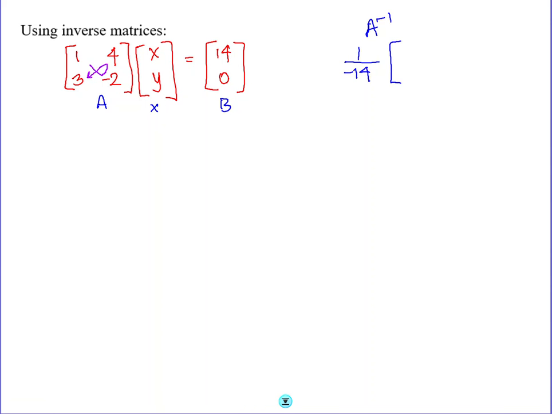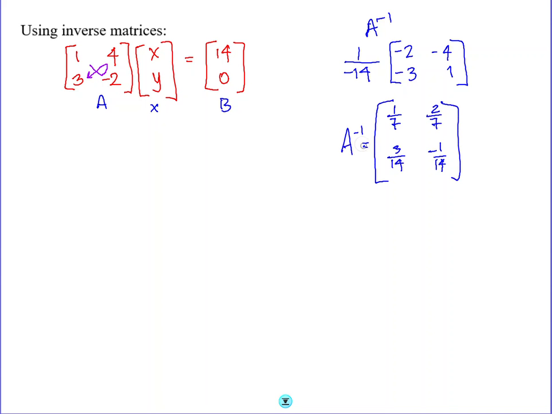You switch A and D, so I'm going to switch -2 and 1, and then you negate B and C, so -4 and -3. I'm going to go ahead and distribute my scalar, so I end up with 1/7, 2/7, 3/14, and -1/14. And this is going to be A inverse.